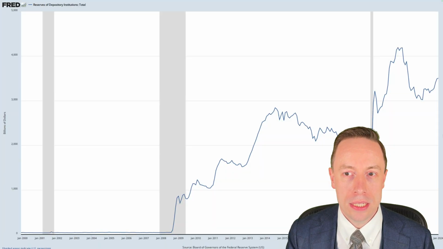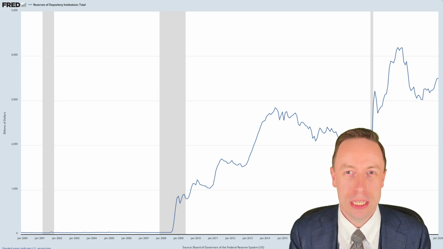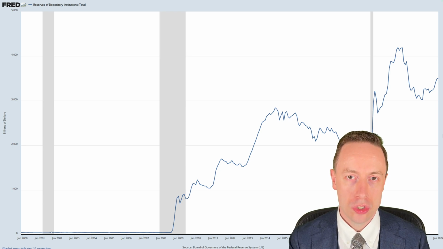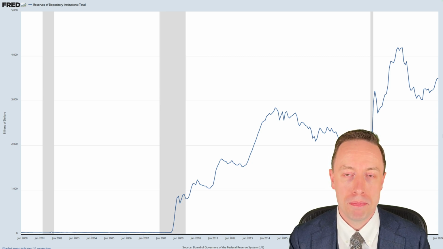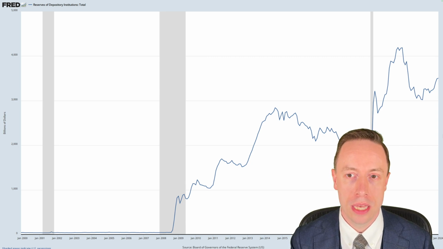So let's go ahead and have a look at this change in regime with our Great Recession of 2008-2009. What you're seeing here is the amount of reserves that banks and other depository institutions, such as credit unions, for example, had deposited with the Fed.